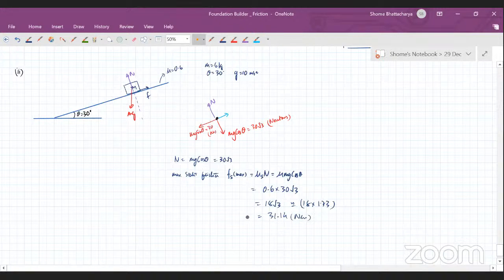You can see that is definitely greater than 30 newtons, whether you calculate the exact value or not. So immediately you can see that mg sine theta is less than maximum static friction. So the block will not slip.